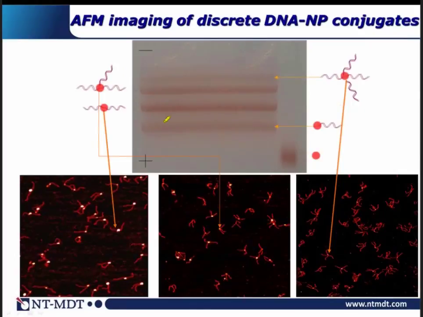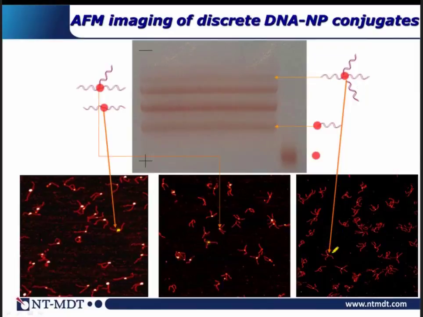So what you do, you just electroelute or get those molecules out of these cut bands, and you deposit them on the surface and you image. And indeed you see that this particular complex is one-to-one. You don't see it right here because we didn't image it, but here you can see a dimer where a particle, which you see as a bright spot, is connected to 2 DNA arms. Here is a trimer where each particle is connected to 3 arms.